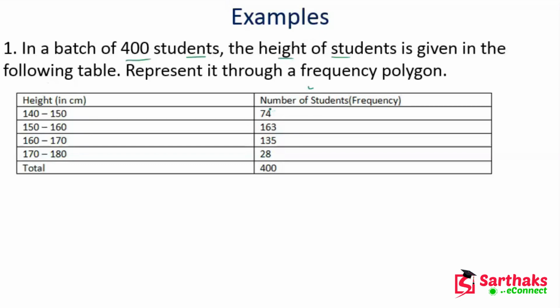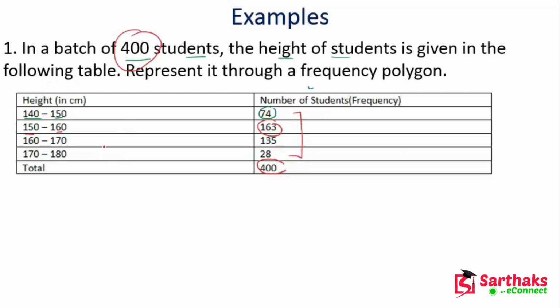There are a total of 74 students with height in the range of 140 to 150, and 163 students with height between 150 to 160, and so on. If we add these frequencies, we get a total of 400, and we have 400 students in the question.